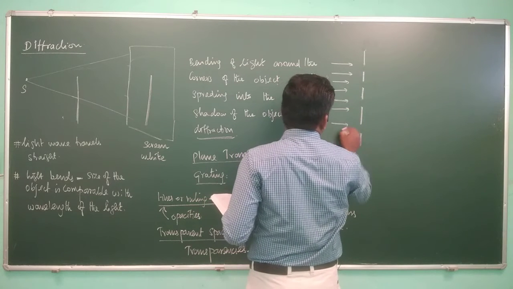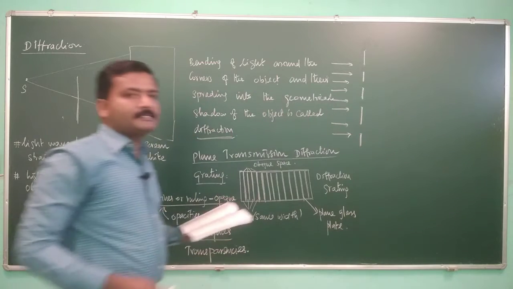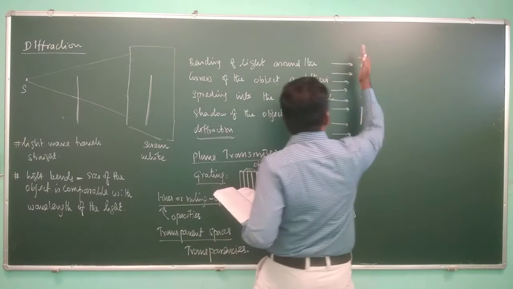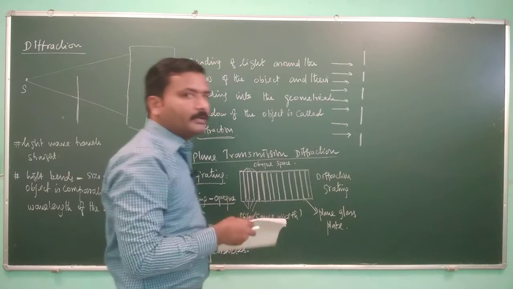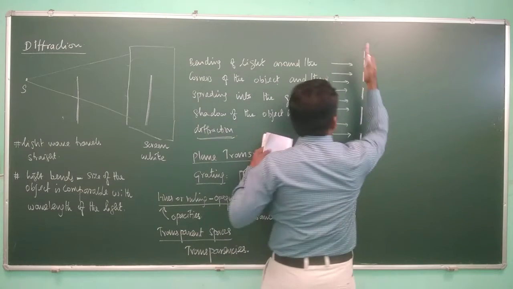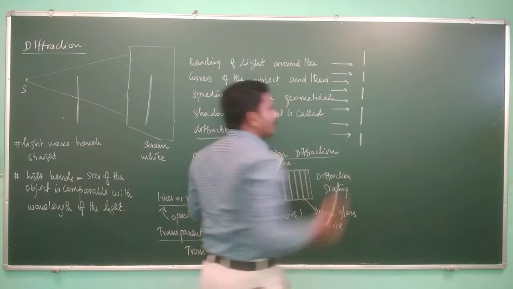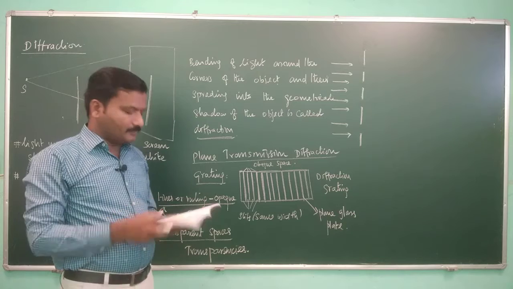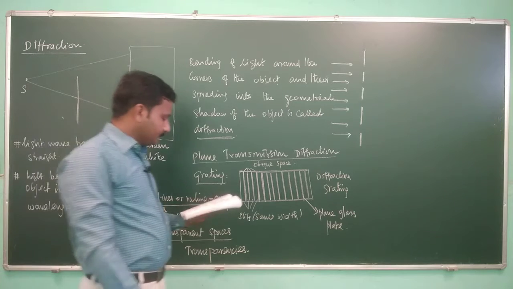The grating is placed perpendicular to the direction of the light. Light travels in this direction and this plane grating is placed perpendicular to the direction of the light waves. Fine.